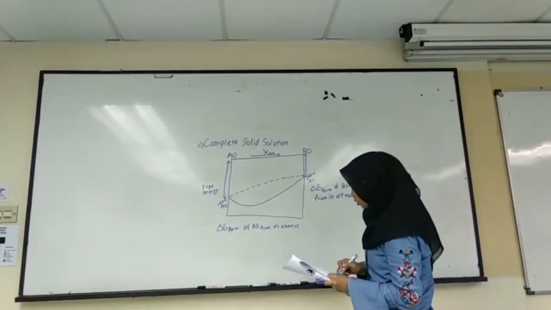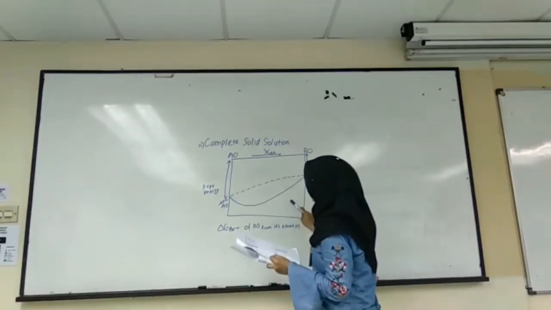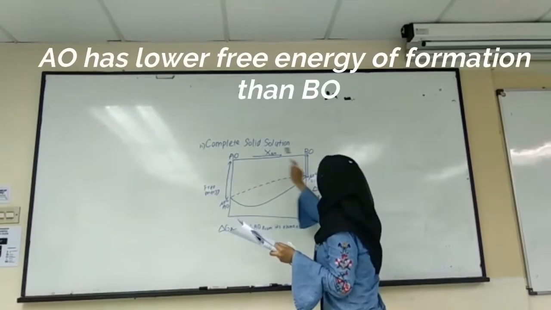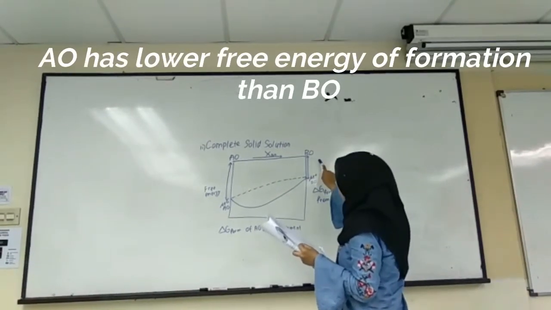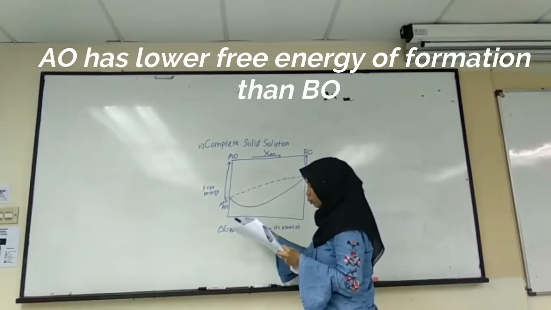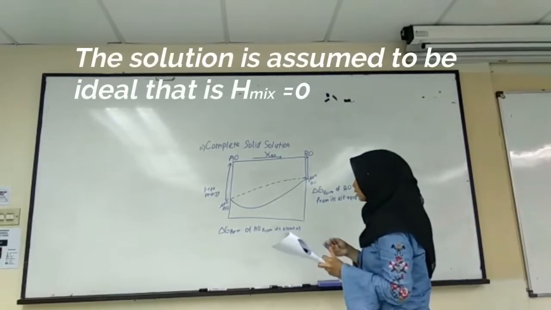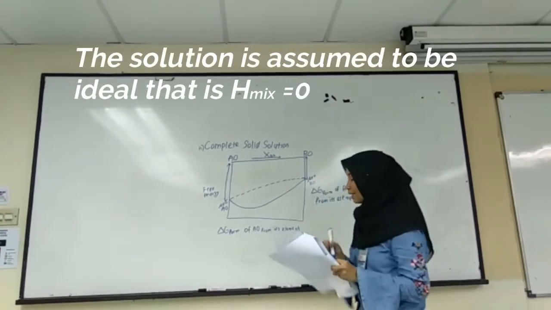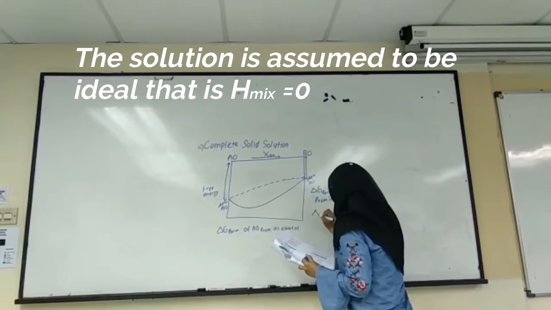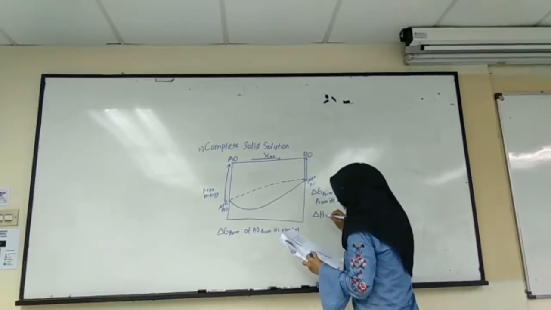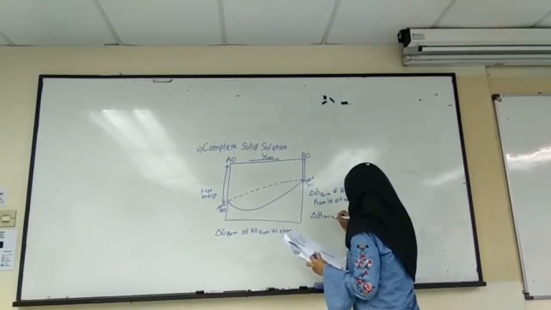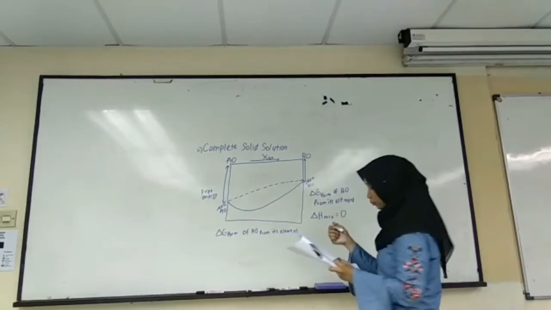In this graph, AO has lower free energy than BO. The solution is assumed to be ideal, that is, the enthalpy of mixing, heat of mix, is equal to 0.